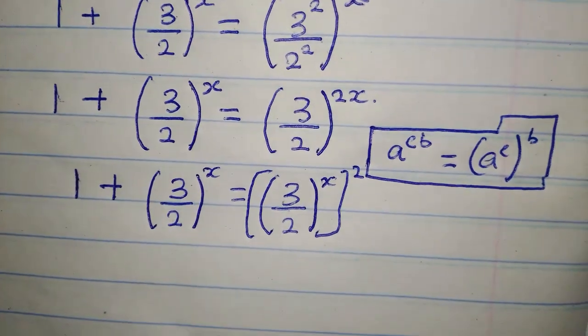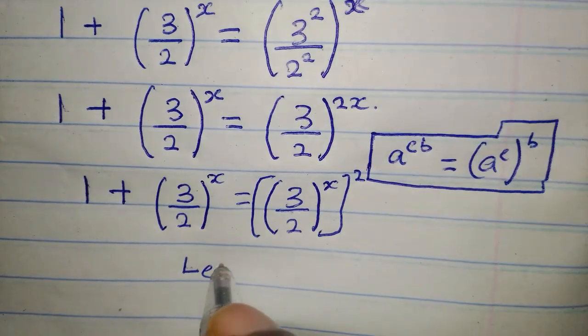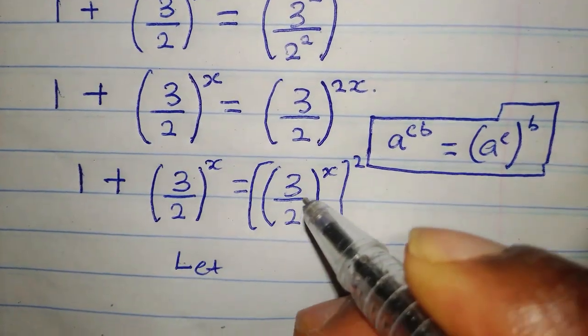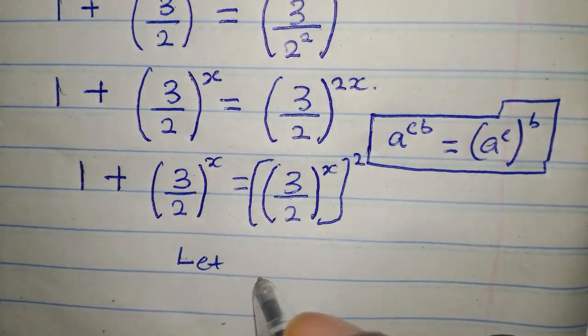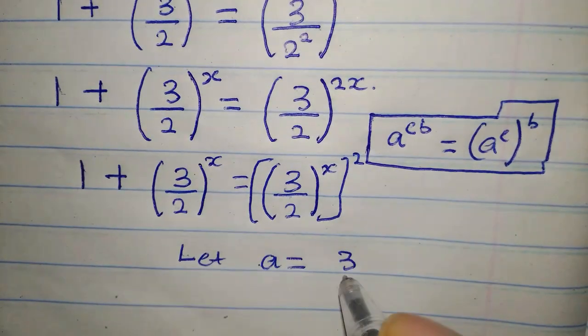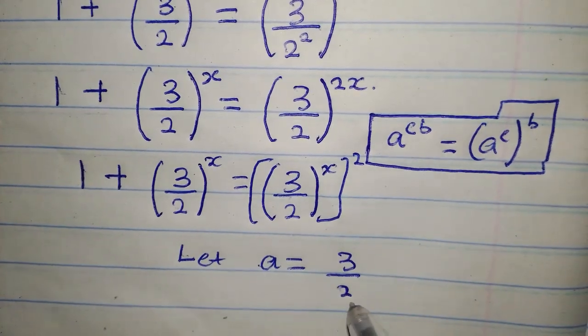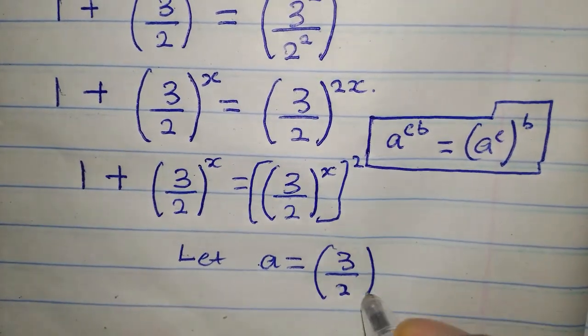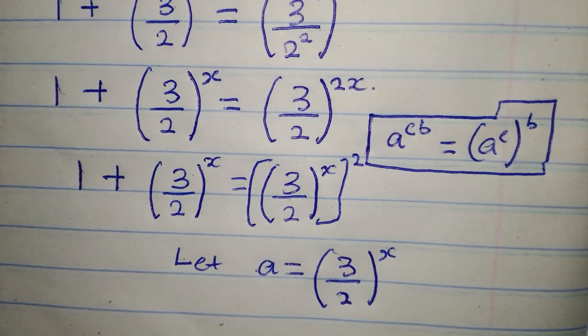So from here we can say, let a equal (3 over 2) all to the power of x.